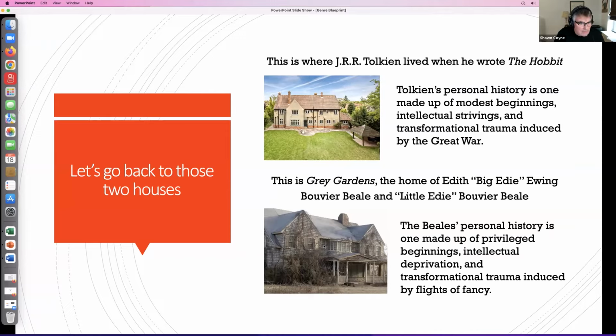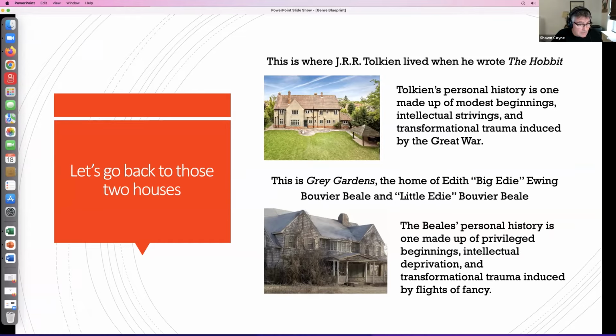What about this house? Well, this is the Grey Gardens house. And if you've never seen the documentary, I highly recommend it. But these are about these 2 ladies, the Beales, and their personal history is one that was made up of privileged beginnings, intellectual deprivation. They weren't allowed to learn.